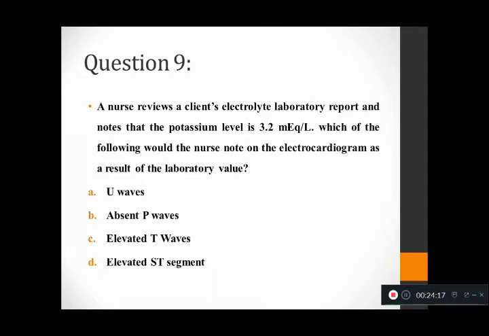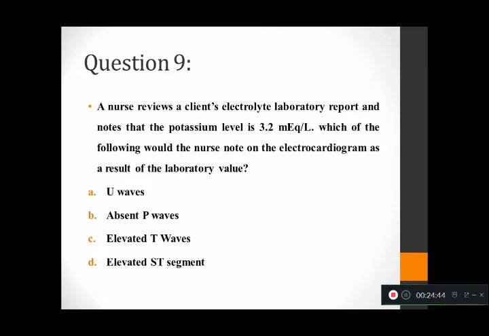But here, what are the things present? Here, the potassium level is 3.2 milliequivalent per liter. The options are absent P waves, elevated T waves, and elevated ST segment.